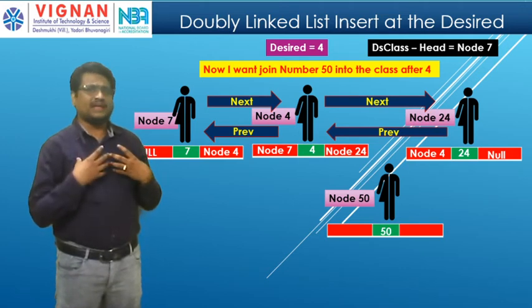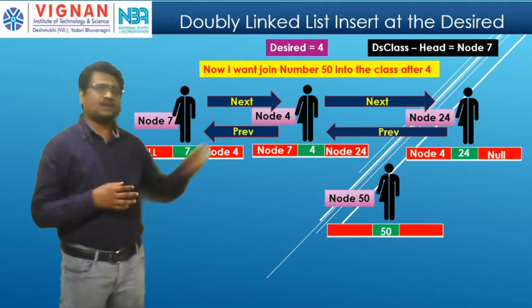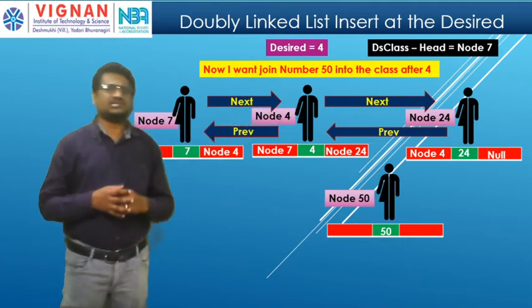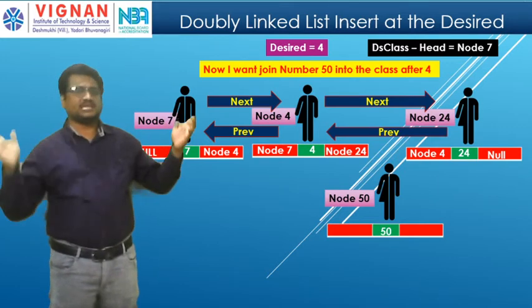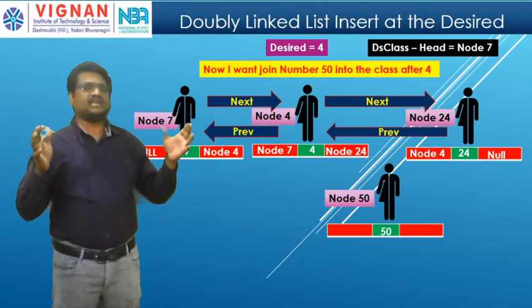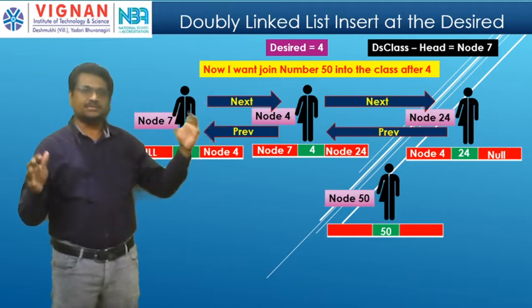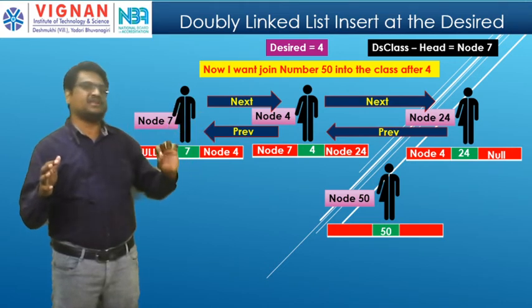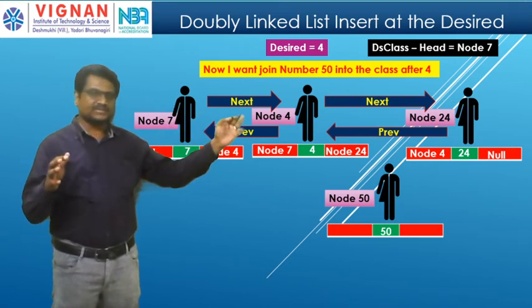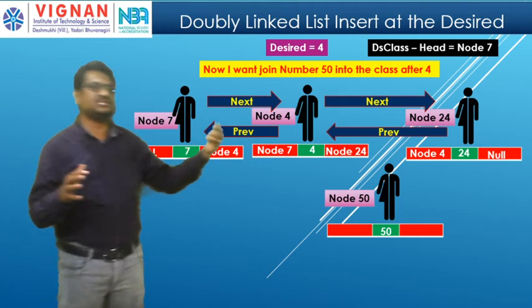I don't know where I am inserting, whether I can insert after the first element or after the last element also. So I don't know what the previous element is, what the next element is. That is the main difference between the previous insertions and these insertions. In previous insertions, I know at least either the previous value or the next value. But in this, I don't know what the previous value is, what the next value is.